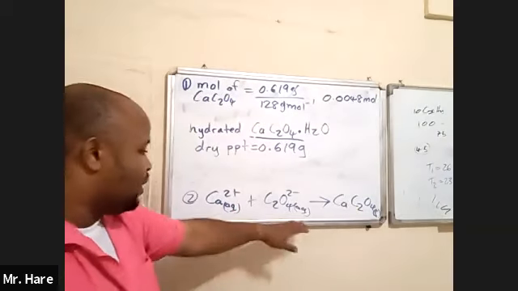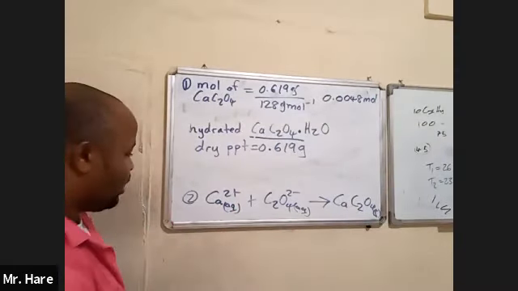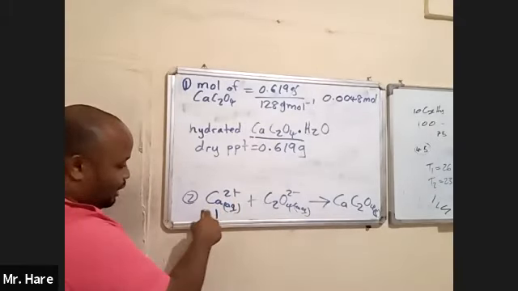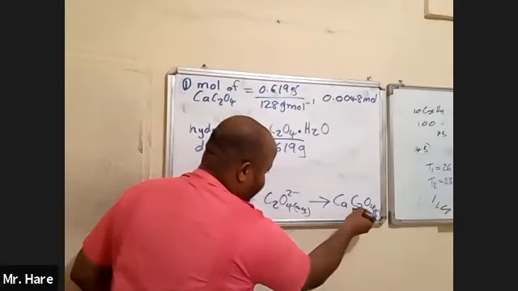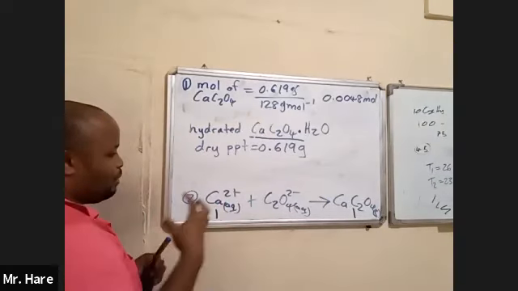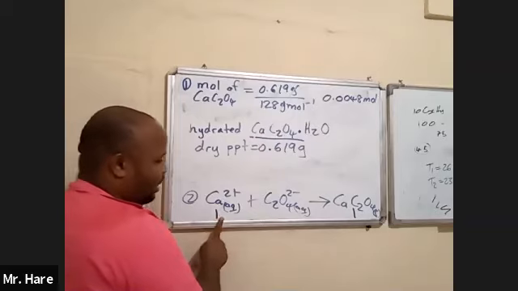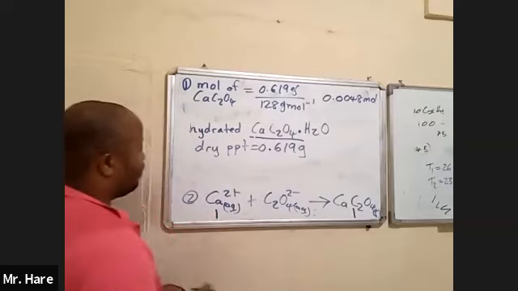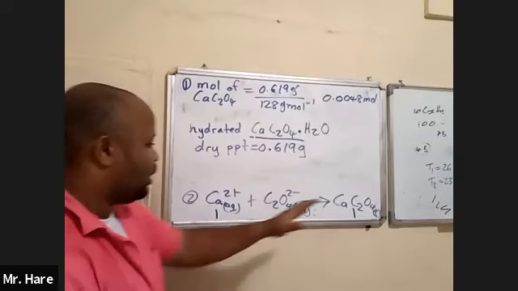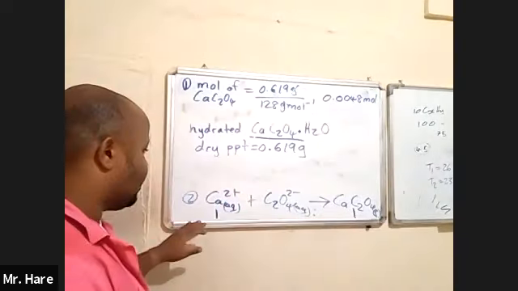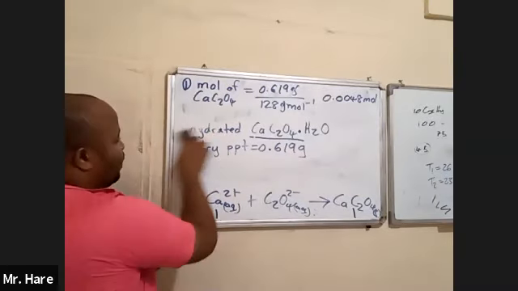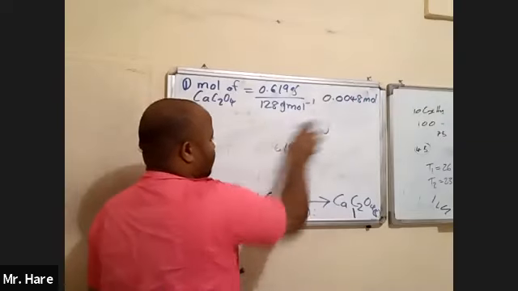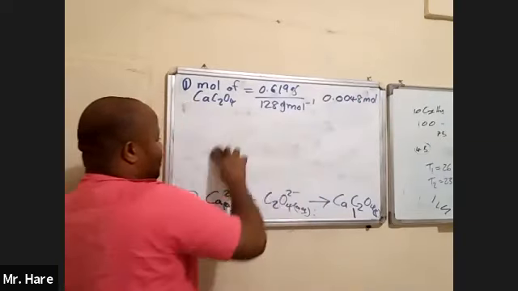What we need from this equation is the mole ratio between our analyte, which is the calcium, and the precipitate. The mole ratio between calcium ion and calcium oxalate is 1 to 1. So what is the moles of calcium ion? The same, 0.0048. That is correct.